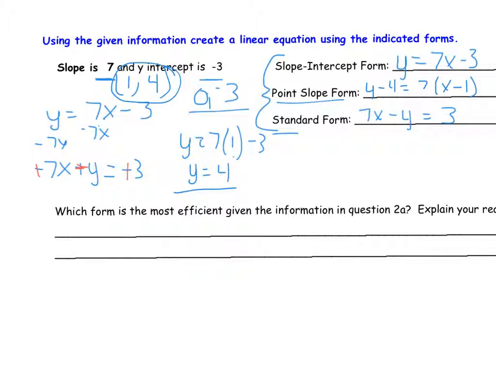You could have chosen to put a 2 in, as long as you're inputting something into the equation to get your new y. So which was the most efficient form? The most efficient form was, since we are given the slope and the y-intercept, the slope-intercept form was the easiest because we just plugged numbers in. We didn't have any futzing around to do.